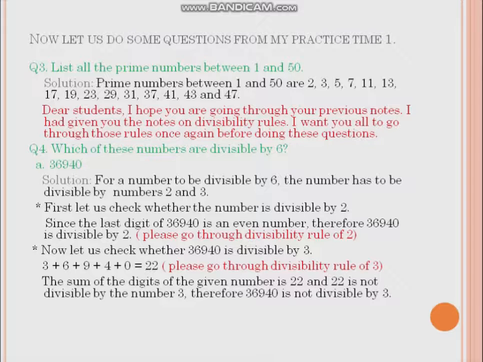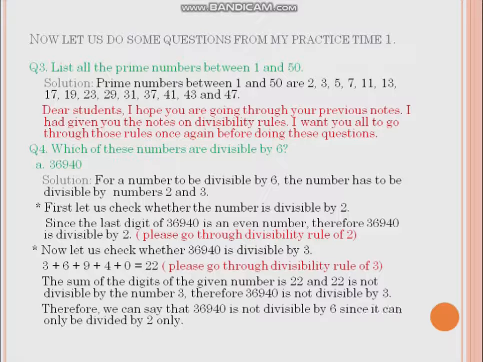Now moving on, the sum of the digits of the given number is 22, and 22 is not divisible by the number 3. Therefore 36,940 is not divisible by 3. Therefore we can say that 36,940 is not divisible by 6, since it is only divisible by 2 and not by 3.